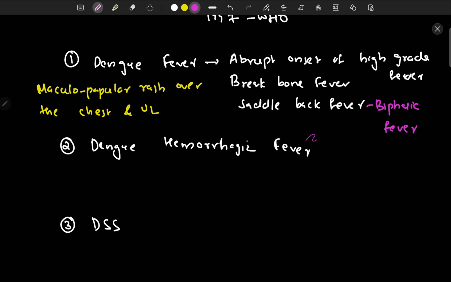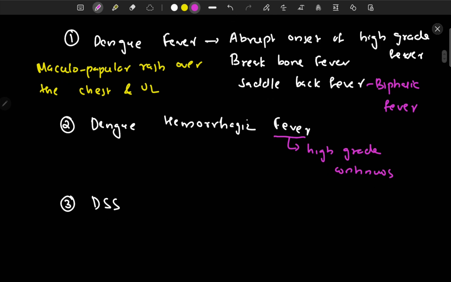So in dengue hemorrhagic fever, there will be fever. This fever will be a high grade continuous fever, and it is hemorrhagic. So there is thrombocytopenia, that is the platelet count less than 1 lakh per millimeter cube of blood.